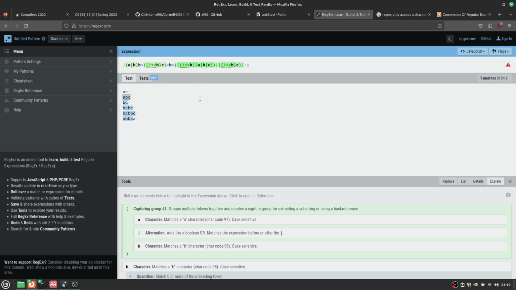Would that be a clean closure? That's getting better. And then ABSC.